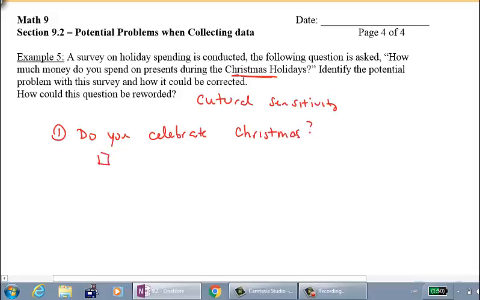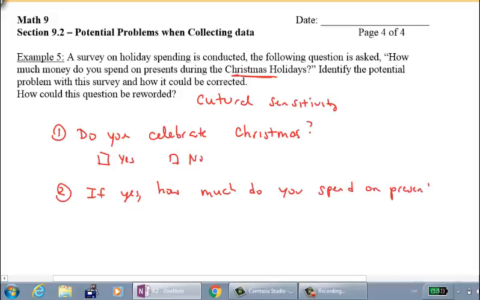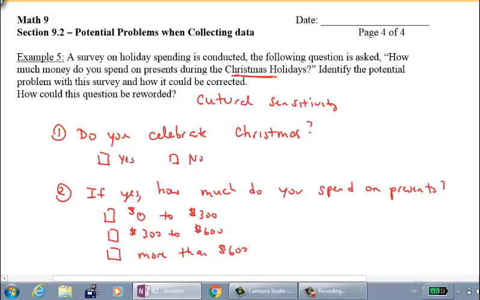Right, that's a yes or no first. Yes, no. And then I'd say, if yes, how much do you spend on presents? Like 0 to, I don't know, $300? Like maybe $300 to $600? Maybe more than $600? You know? So once again, this is a better question to ask. People don't even need to answer that second part if they don't even celebrate Christmas.